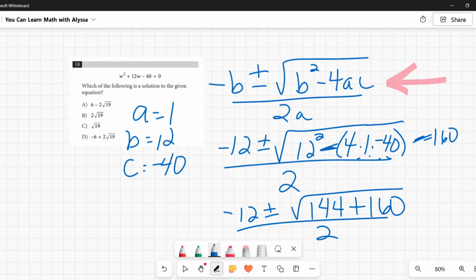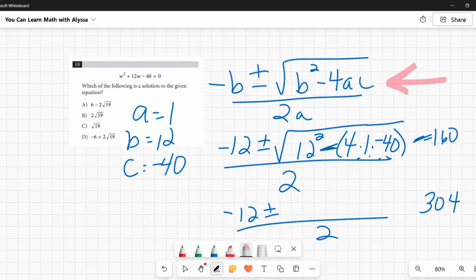144 plus 160 is 304. So, the square root of 304. Now, if you're going to be simplifying this square root of 304, normally I'd be telling you things like do a factor tree, or divide by 2 and see what you get, divide by 4, see if you can keep doing that.